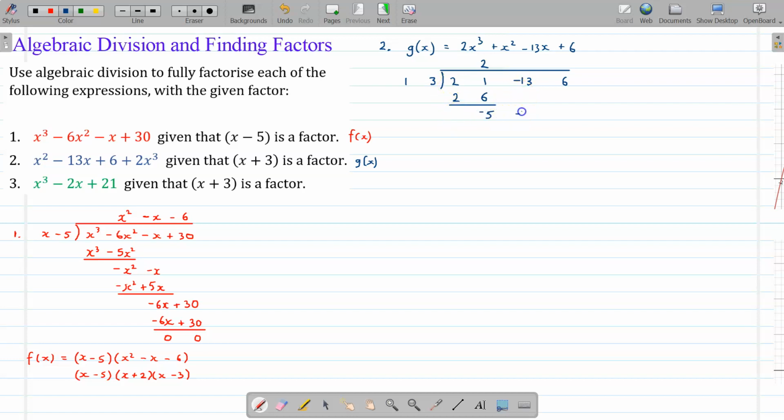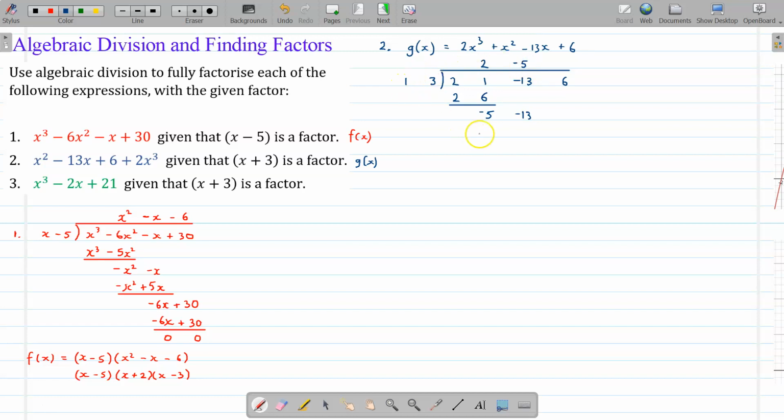Now I bring down the 13, or the minus 13, and that goes there. And I say, how many times does 1, 3 go into minus 5, minus 13? I just look at the first term. How many 1s go into minus 5? Minus 5 times. Okay, but what is that?